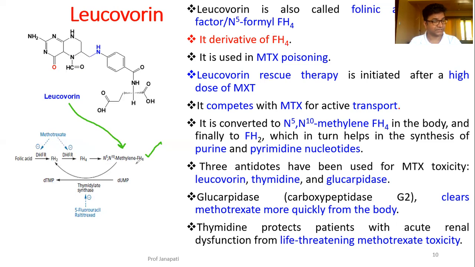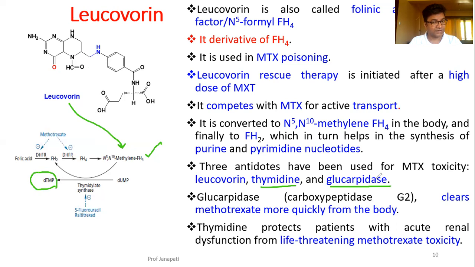They have also found some newer antidotes, that is thymidine. Here also you can see the ultimate product is thymidine, which forms a complex with the adenine molecule. That is also given as an antidote, and there is also glucarpidase.